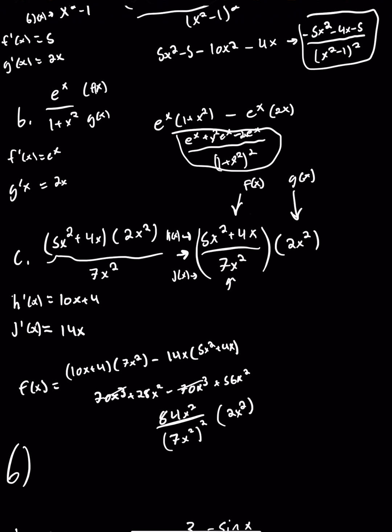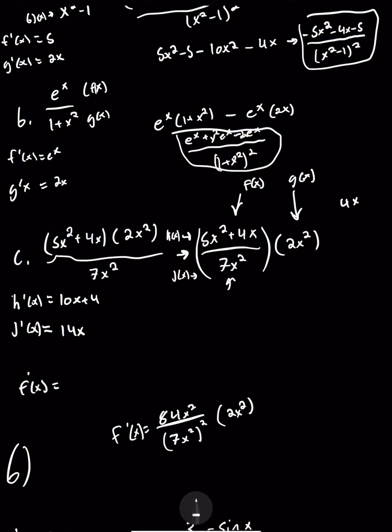Okay, so the original f of x is that, then f prime of x equals that. G prime is going to be 4x. Okay, so let's just erase this to give us more space.